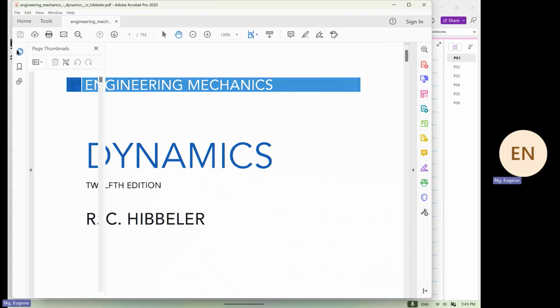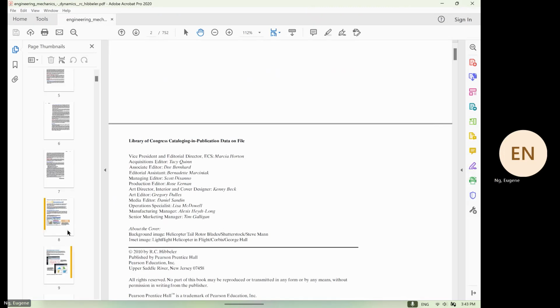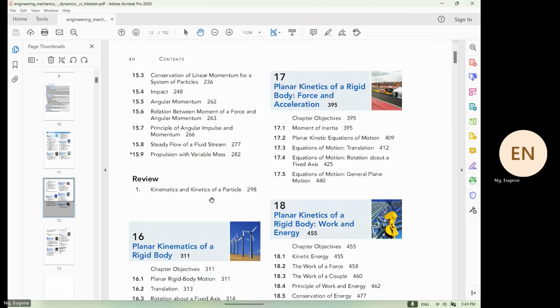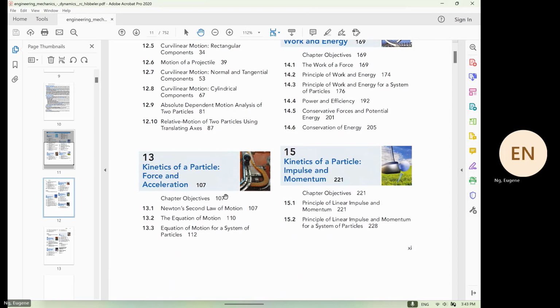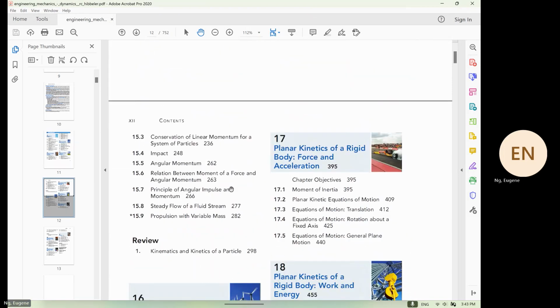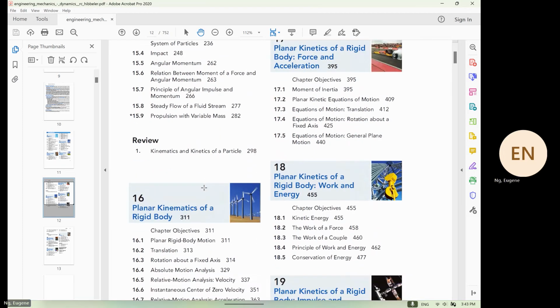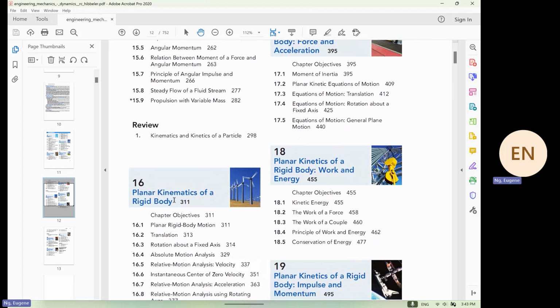If you look at the entire textbook, this is Hibbler, chapters 12, 13, 14, 15. In our context, we put those in the toilet bowl. We know nothing about golf balls and tennis balls. We know about rigid bodies. We have just completed chapter 16.